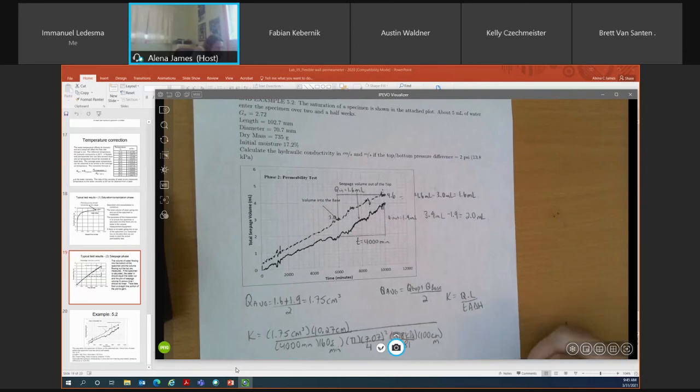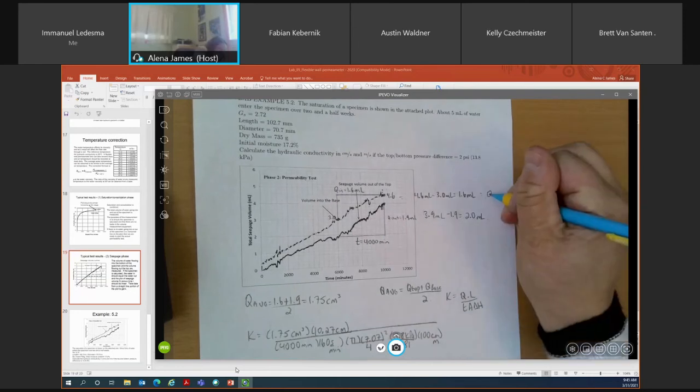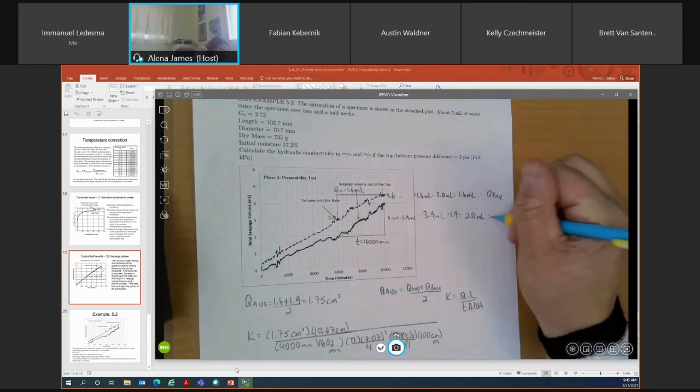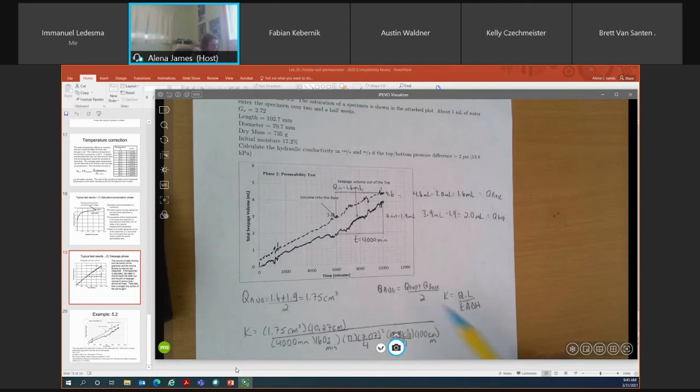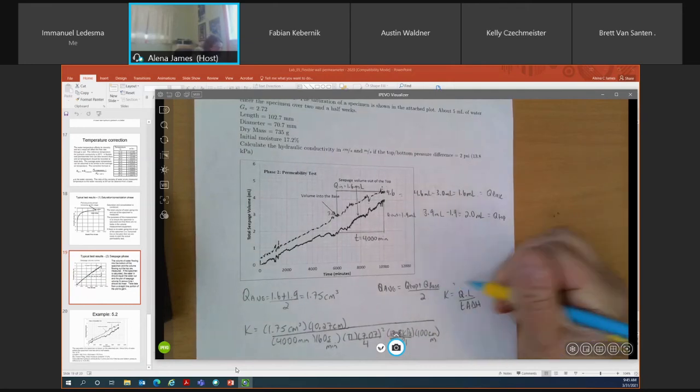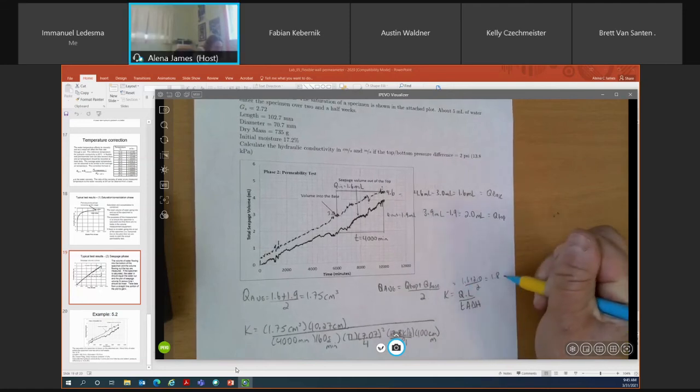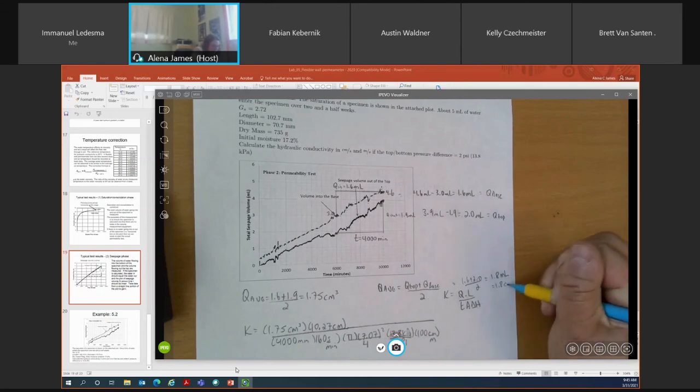So I would say my Q base is about 1.6, my Q top is about 2. So I would take the average of my top and my base, and so here I would have 1.6 plus 2 divided by 2. So here my average would be about 1.8 milliliters, and 1 milliliter is equal to 1 centimeter cubed.